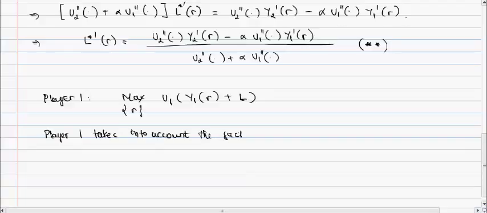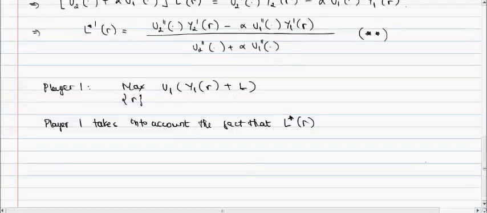So player 1 takes into account the fact that his parent is going to choose an amount L star as a function of R. Therefore he is going to maximize the utility function by choosing R, knowing that the amount of L his parent is going to choose is a function of his choice.